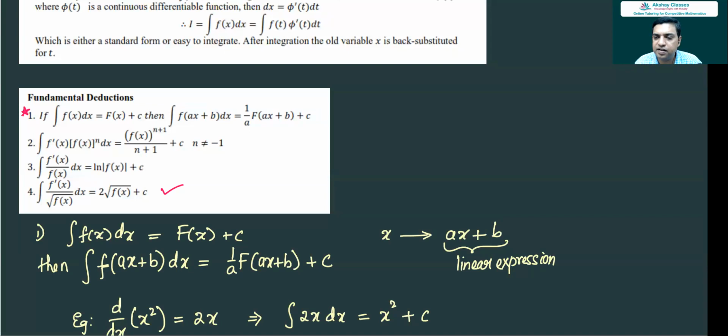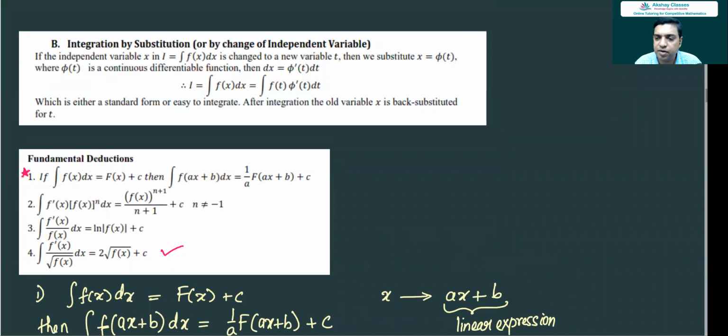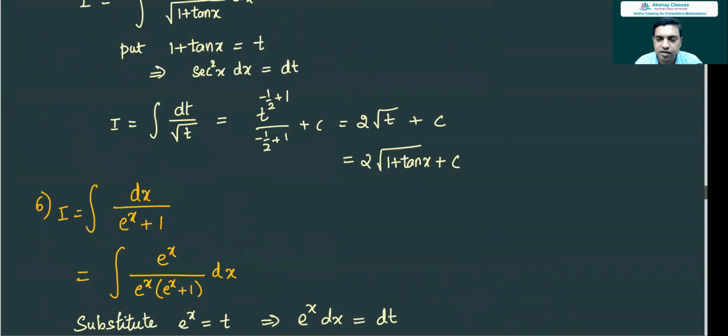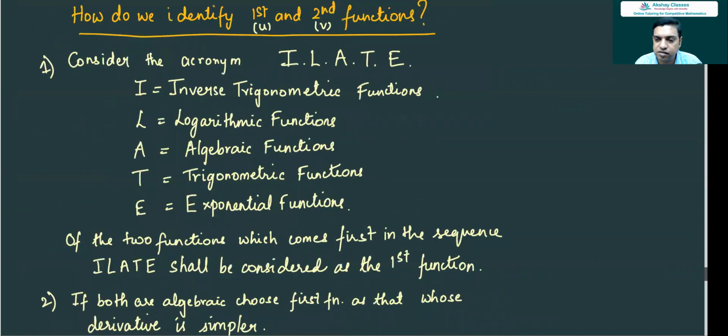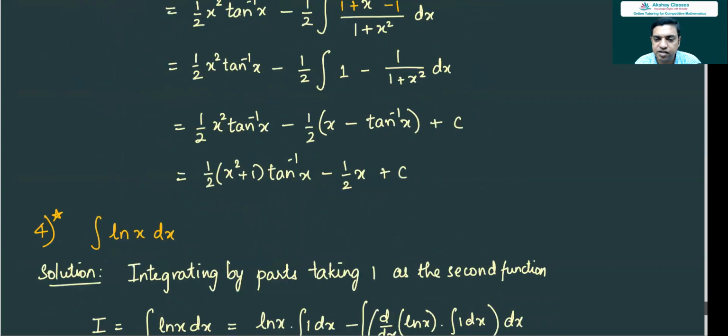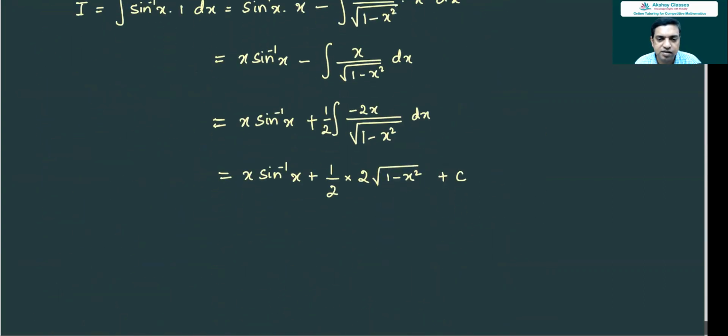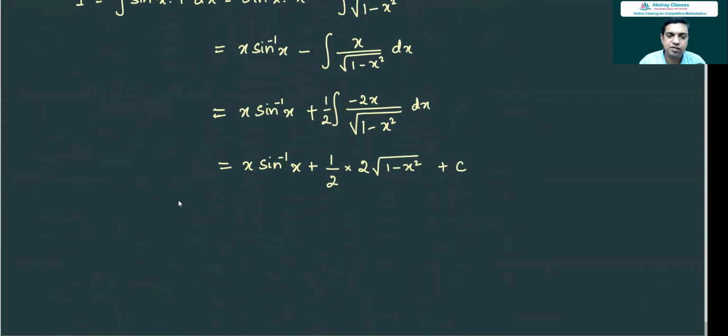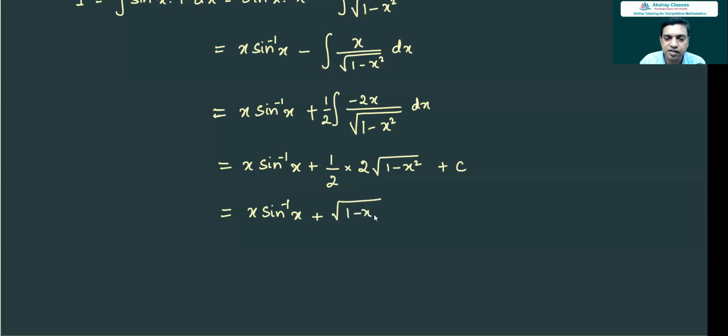So integrals we generally get by practice. It is not by just memorizing the procedure. We need practice. So this is a standard one. x sine inverse x plus under root 1 minus x square plus c. This is the integral.